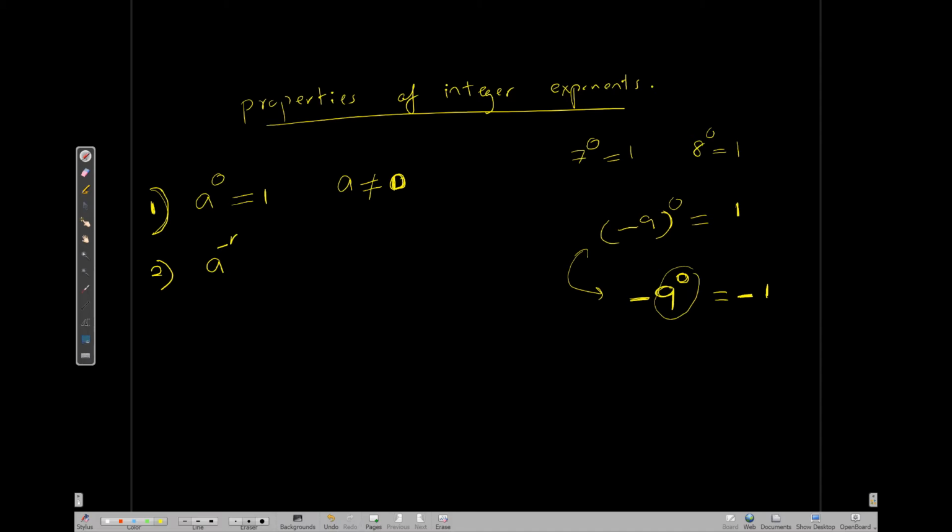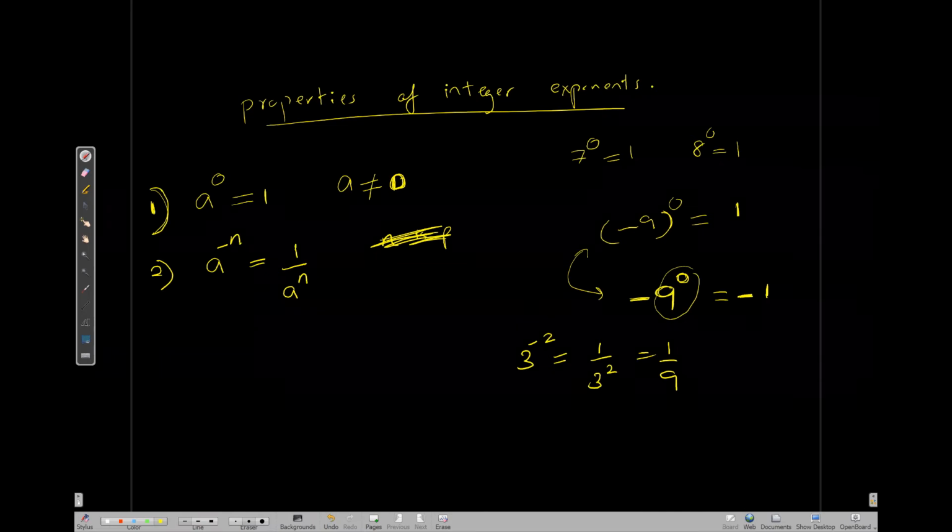A to the negative n. This is same as 1 over a to the n, where n is positive in this case. Well, even if n is negative, it works. So for example, let's say 3 to the negative 2, this is 1 over 3 squared, which is 1/9, right?